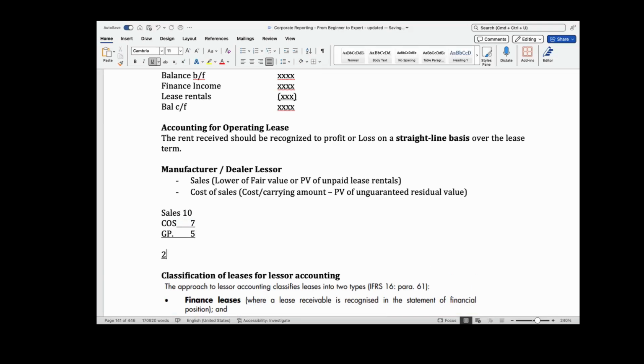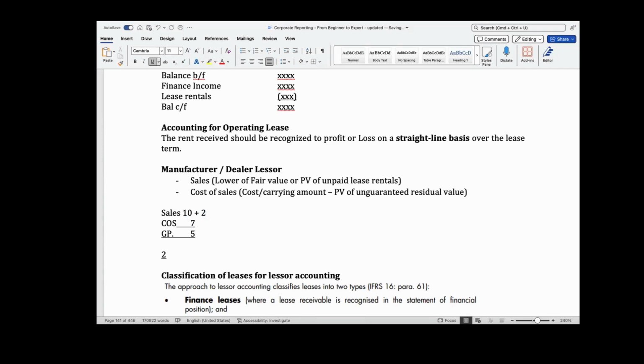Ordinarily, if you add this 2 naira to this 10, it becomes 12 naira. If you take away this 7 cost of sales, this 3 becomes 5.